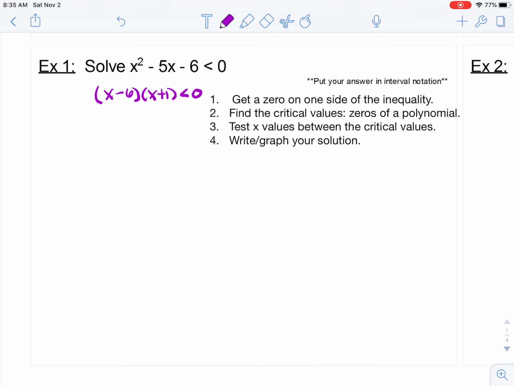So my critical values are going to be, in this case, where x minus 6 is equal to 0. So that would be x equals 6. And where x plus 1 is equal to 0, which is negative 1.